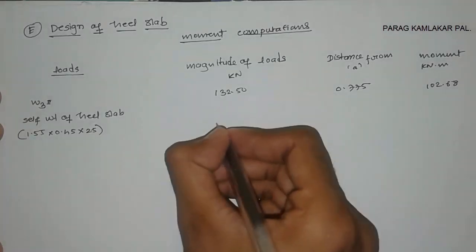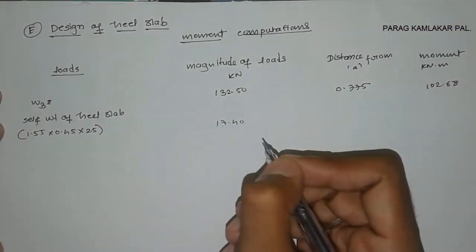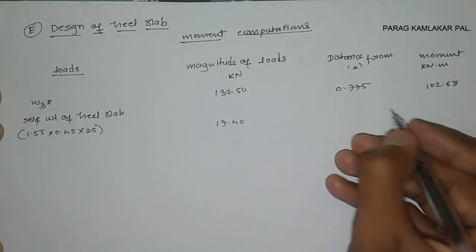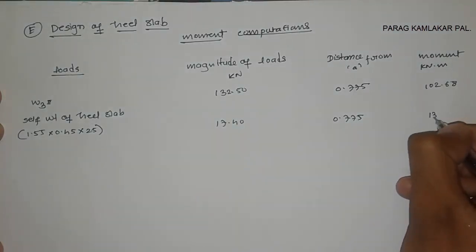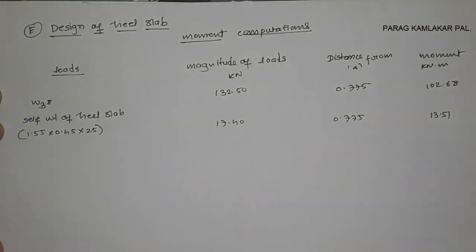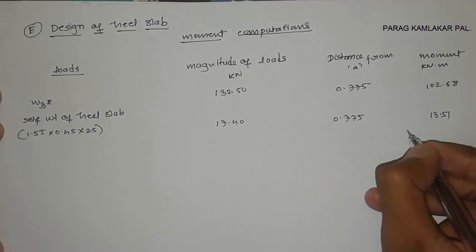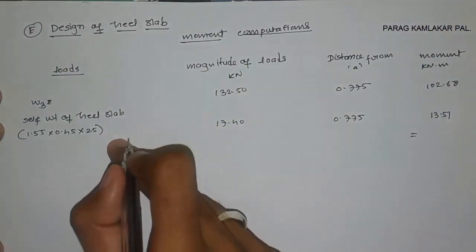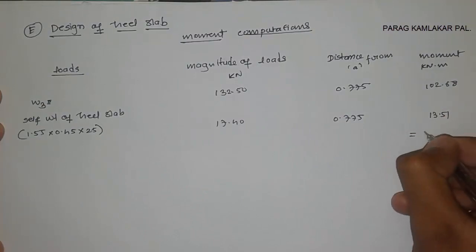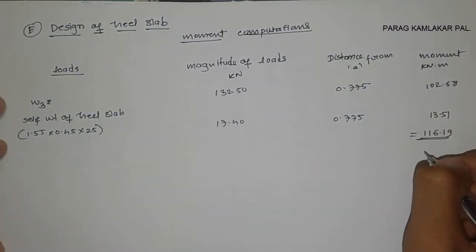So we get 17.40, and the distance is the same, 0.775, nothing has changed, and 13.51 is the moment. Now when we take the total of this, W3 plus the self weight, we get 116.19 kilonewton meter as the total moment.